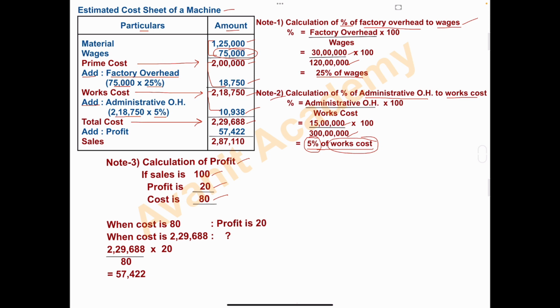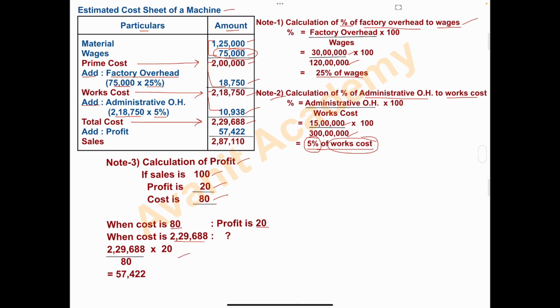By taking this example, we'll make an equation. When cost is 80, profit is 20. When cost is, so in this estimated cost sheet, total cost amount is 2,29,688. So right here, when cost is 2,29,688, profit, how much? Do the calculation. 2,29,688 divided by 80 into 20.